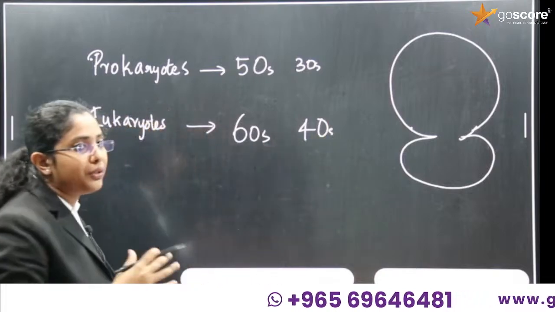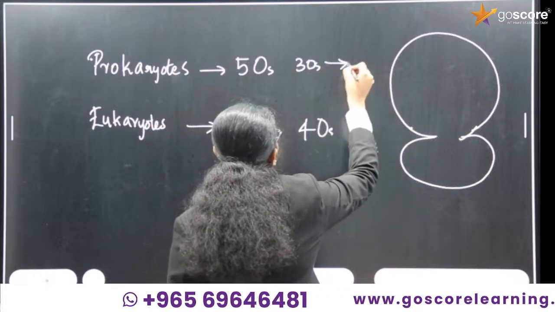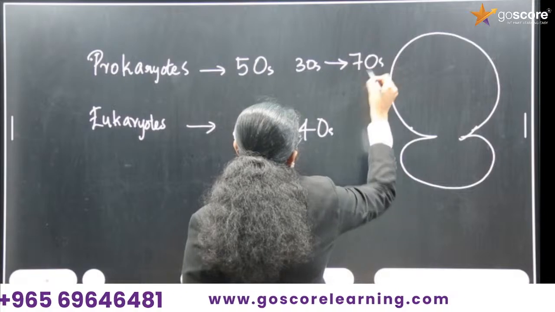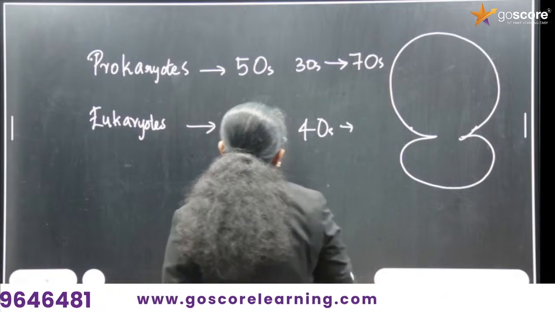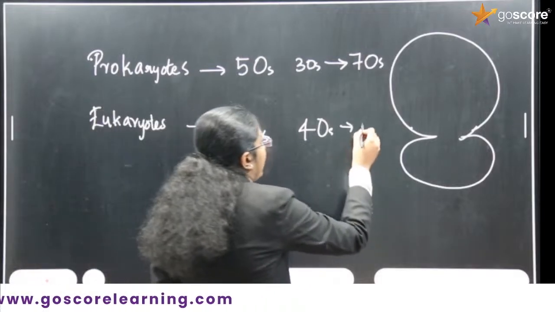Together, prokaryotic ribosomes are 70S, and eukaryotes have 80S.